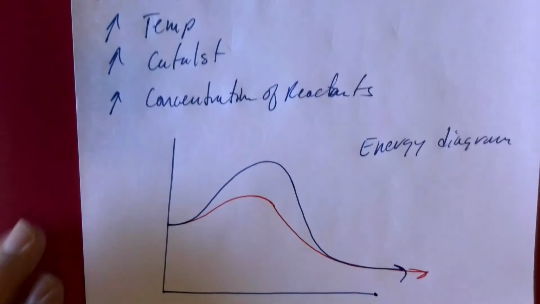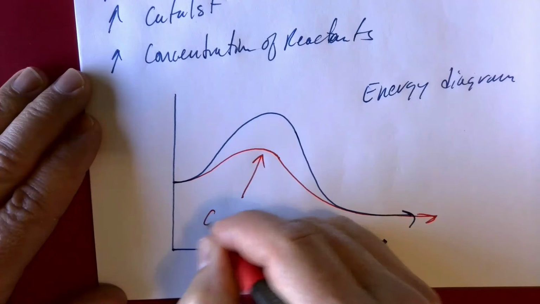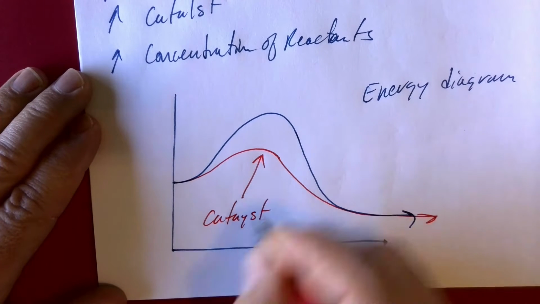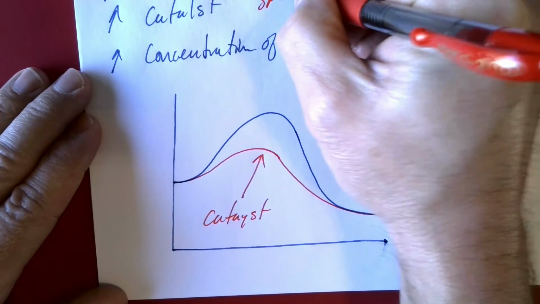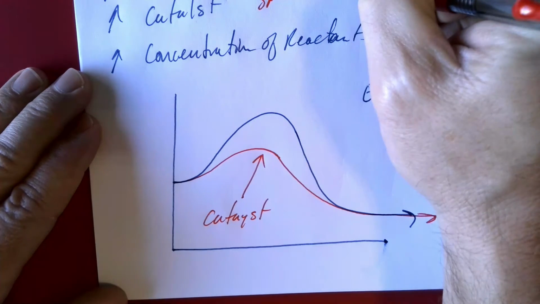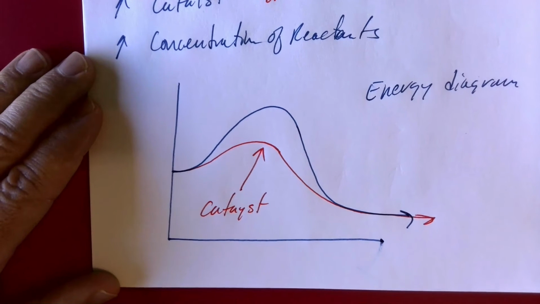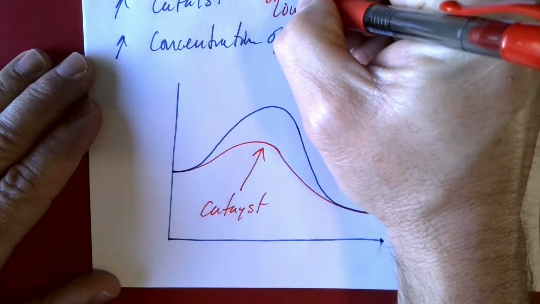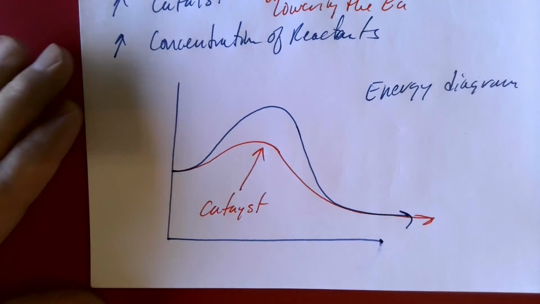Now, what a catalyst does, a catalyst speeds the reaction up by doing what? And remember what that hump represented? Yeah, by lowering the energy of activation.